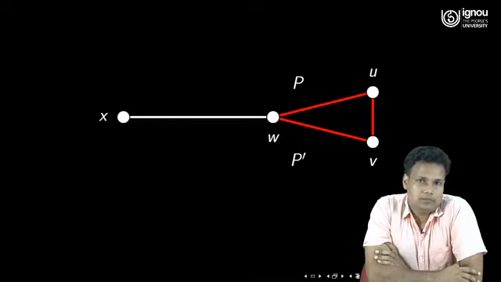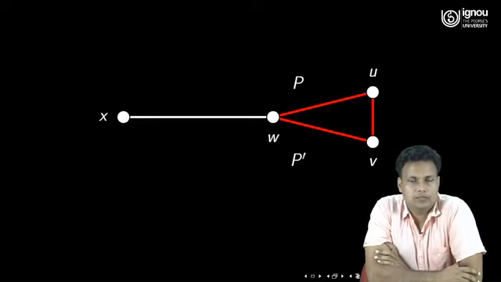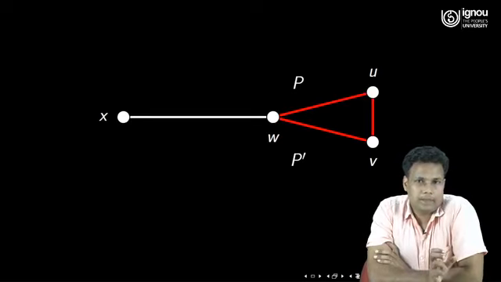Now, if you remove the portion of these paths from X to W, then what we get are subpaths of P and P dash, which are shown in red, and both these subpaths would have either odd length or even length, right, because we have subtracted the same length from both.